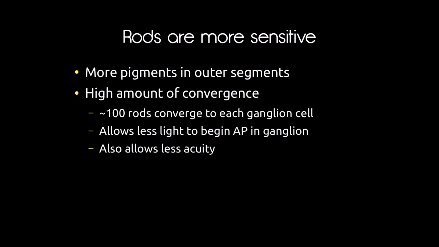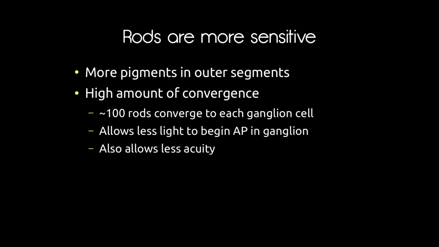Each rod does not have to bring each ganglion cell to threshold by itself. We can actually have each rod only giving on average about 1/100th of the way to action potential, but if they're all doing that, we can bring the ganglion cell to threshold, giving an action potential. This means that any one rod, with much less of a stimulus, can still bring, along with its peers, a ganglion cell to action potential, which means that we don't need nearly as much light to activate the pathways that rods are associated with than we do with cones.